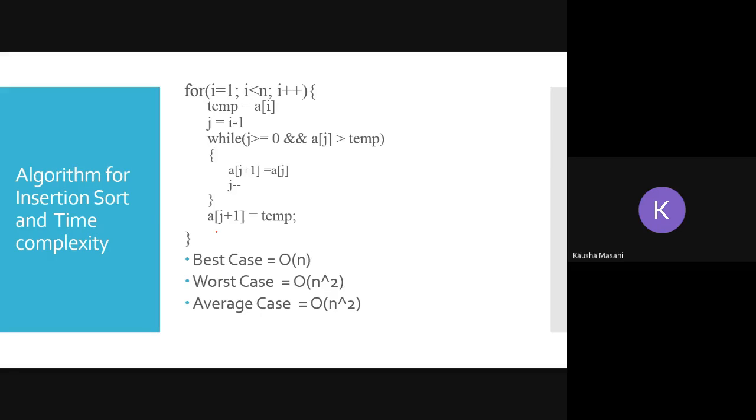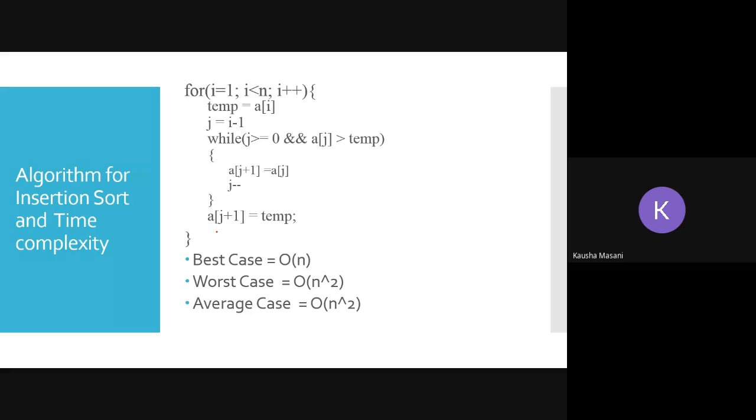Now coming to the algorithm and time complexity. In the best case scenario, insertion sort gives you order of n time complexity. Okay. In the worst case scenario, it is order of n square. Fine.